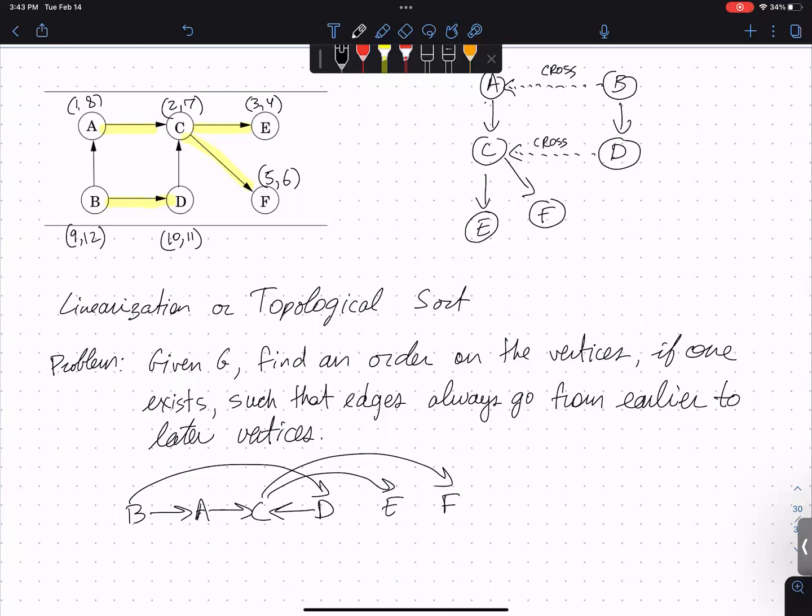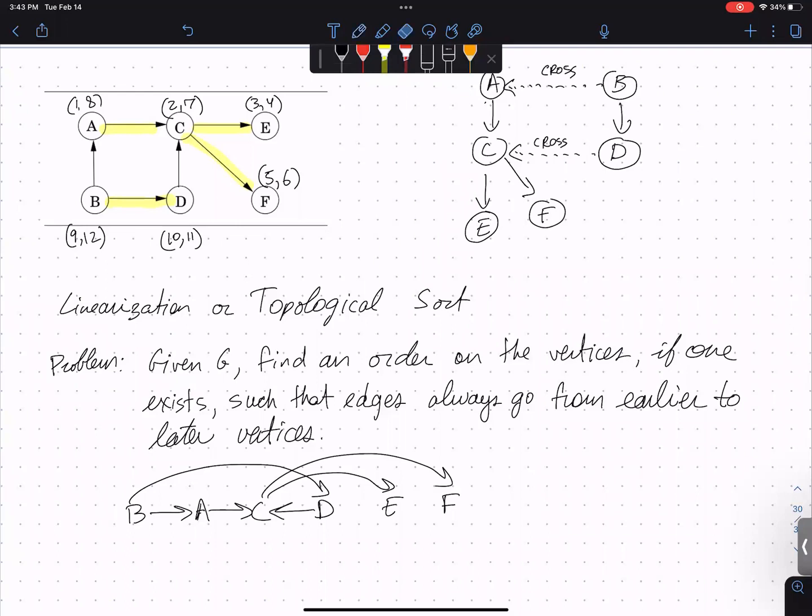Another backward edge. I try to not call it back edge because it's not the back edge from DFS. This is just an edge going from right to left.